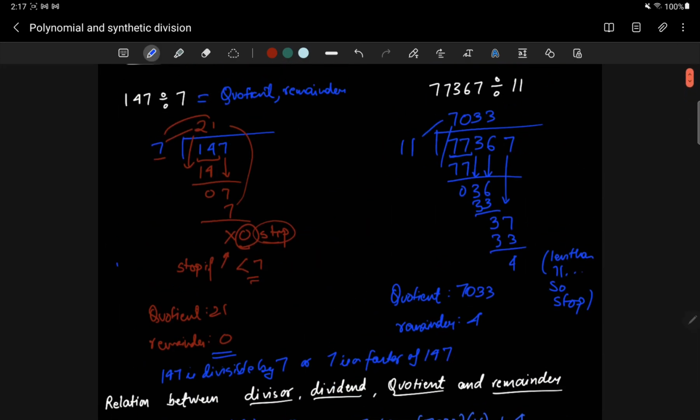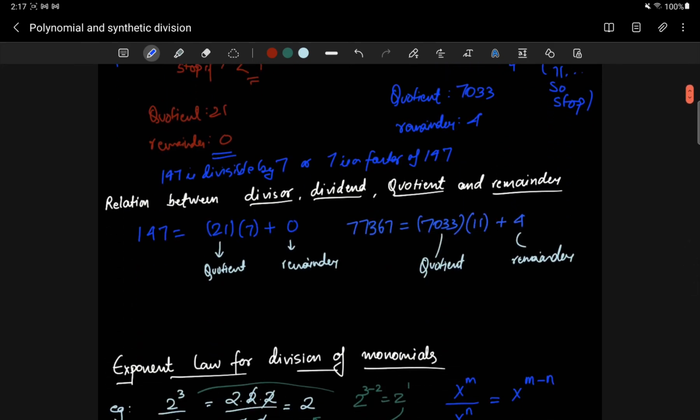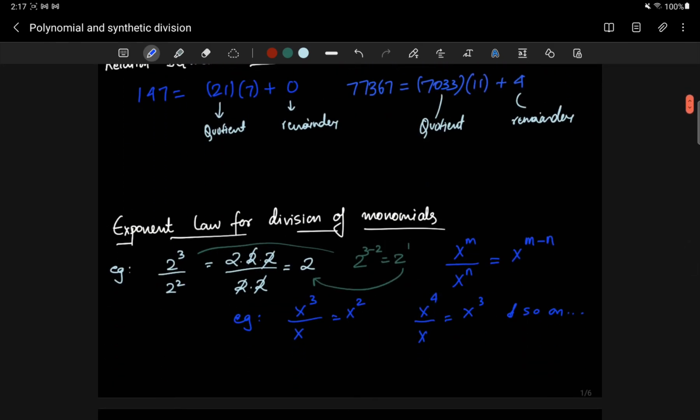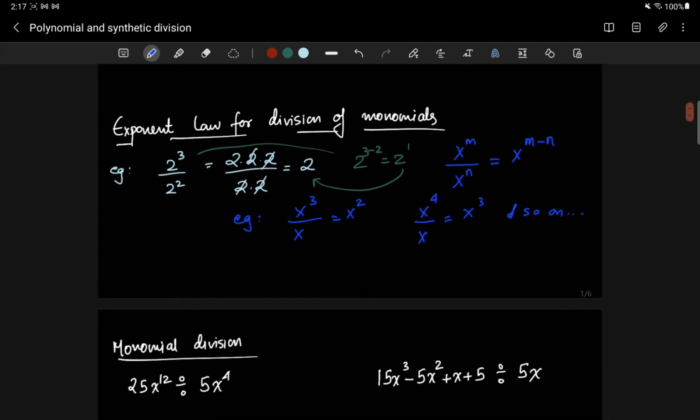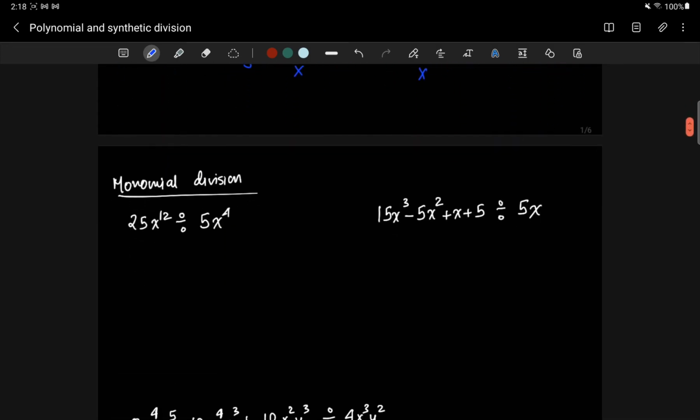So the first thing we saw is how the numbers divide. Second thing we saw is how just the exponents of the variable, like x to the power something over x to the power some other thing, how does that division work? Which means we can combine them. So for example, if I have to find 25x to the 12 divided by 5x to the 4, then that is 25x to the 12 over 5x to the 4.